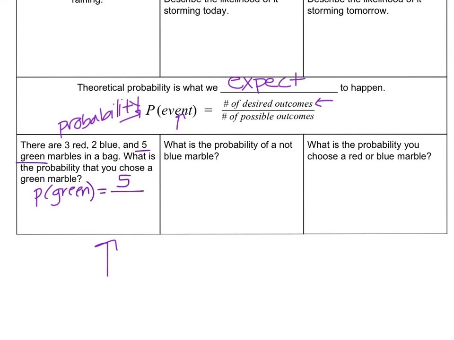So 5, because that's what we want, divided by the total number of marbles, which is 3 plus 2 plus 5, which is 10. And like we said at the beginning, I can write the probability as a fraction, a decimal, or a percent. So this would be 0.5, which is 50%. So those are all ways of saying probability of the green marble.